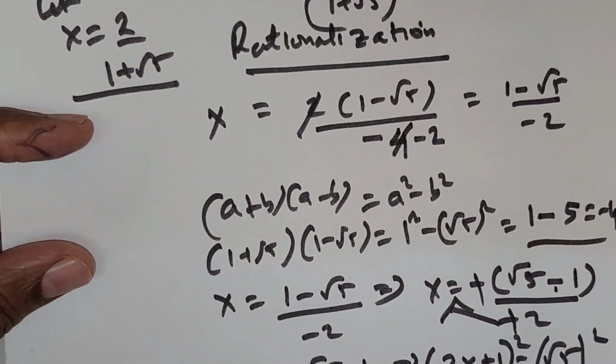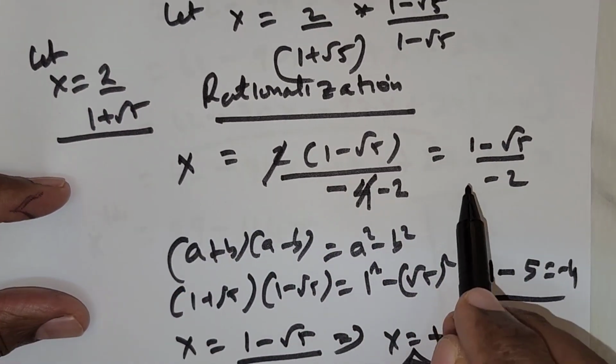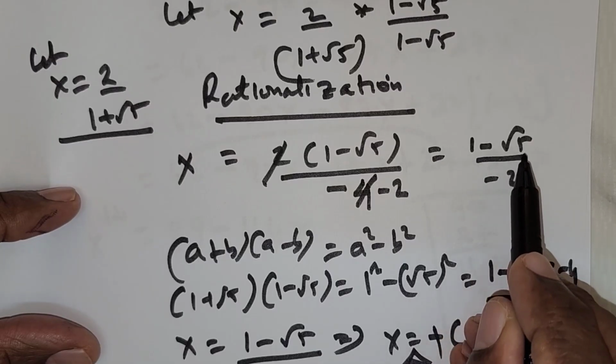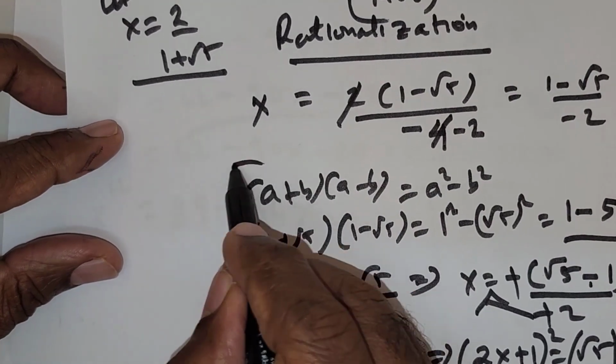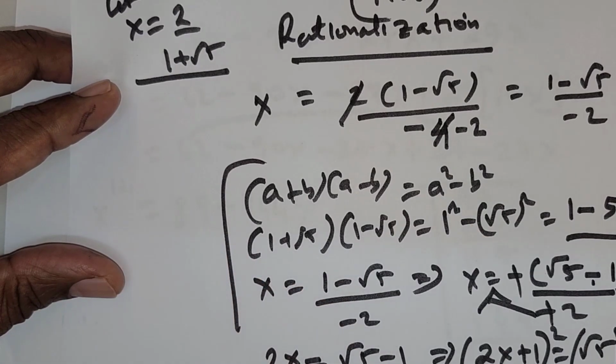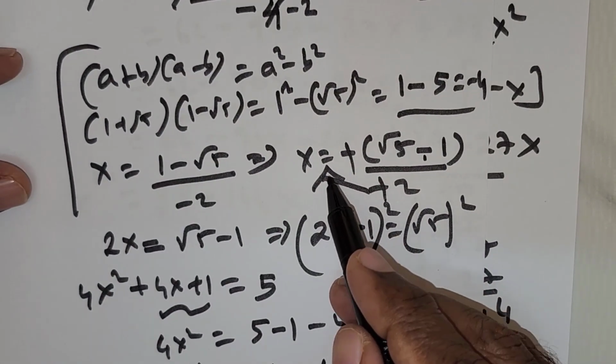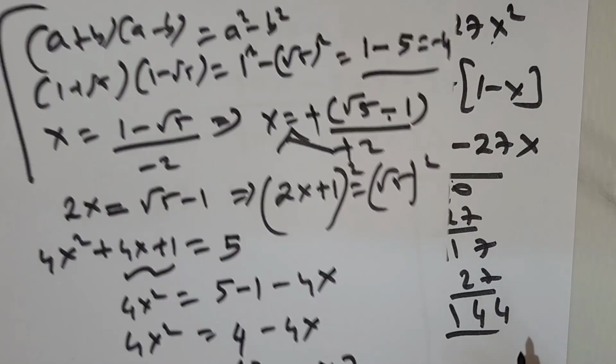Now if you look here, we have the value of x as 1 minus root 5 divided by negative 2. We can rewrite this subsequently, as I mentioned to you, as root 5 minus 1 divided by 2.